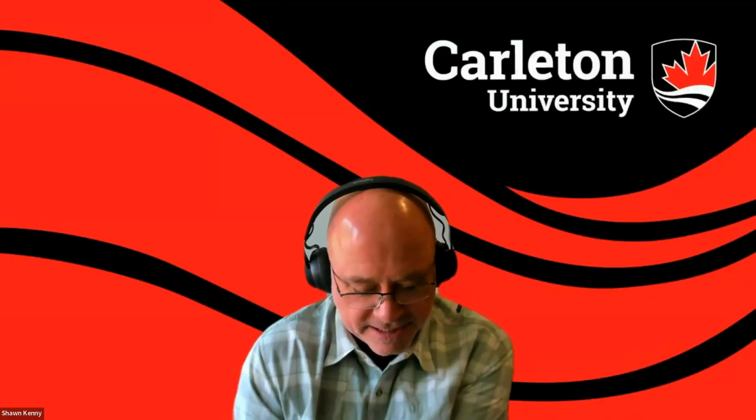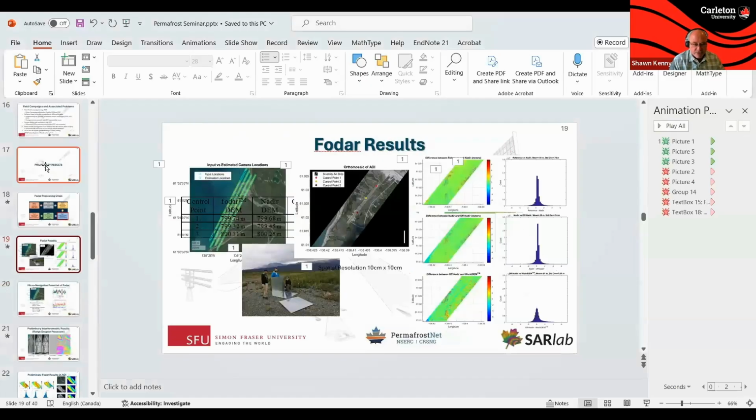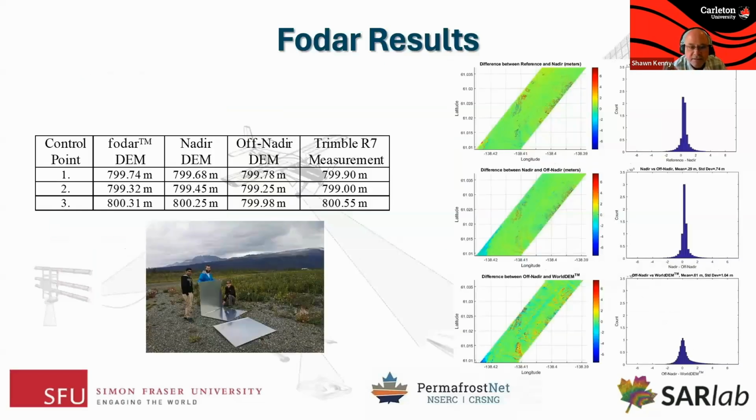I think it was on slide 19. You had for your DEMs, I think the differences were about 0.05 meters.